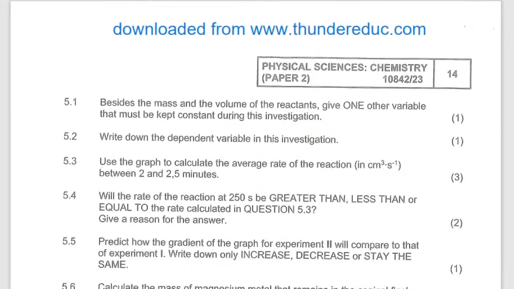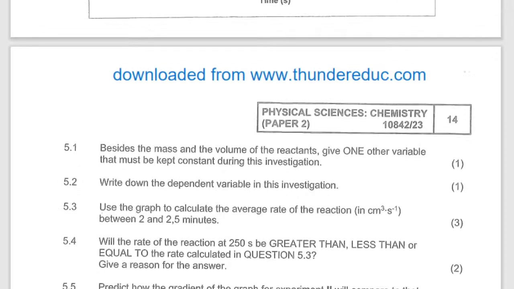Then question 2, they're saying write down the independent variable. Write down the dependent variable. What depends?